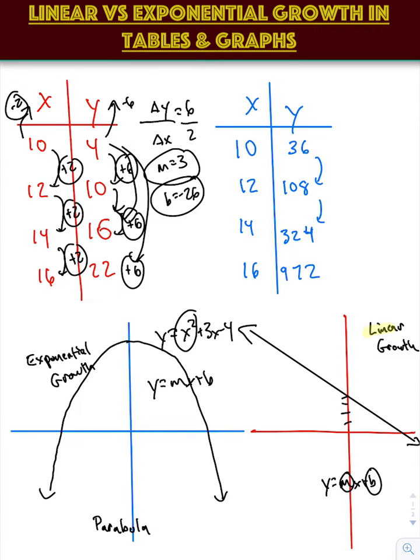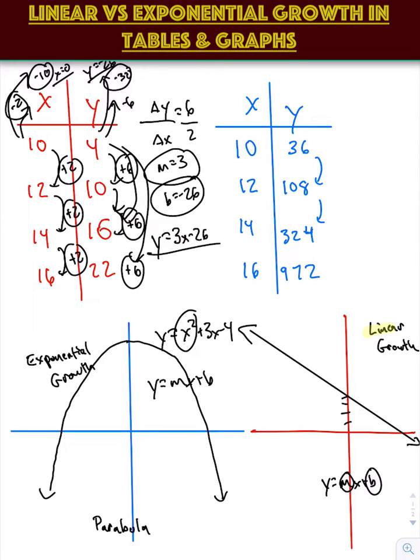So if this was minus 10, 10 minus 10 is 0 for x. And if this was minus 30, 3 times the 10, it'd be 4 minus 30, so y would be negative 26 when x is 0. So there you go. This would follow a line to be y equals 3x minus 26.